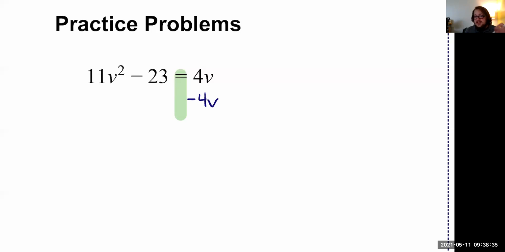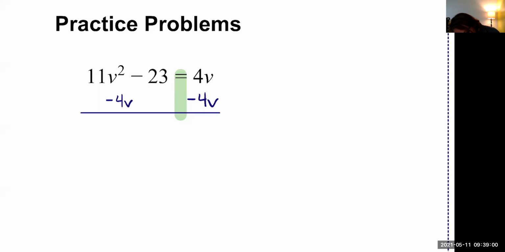Well, we have a v squared, and we're moving a v term. So unfortunately, there's not. But if I'm thinking ahead, I do want it in descending order. So will the minus 4v be the first, second, or third term in the expression on the left? The second. So somewhere between these two.